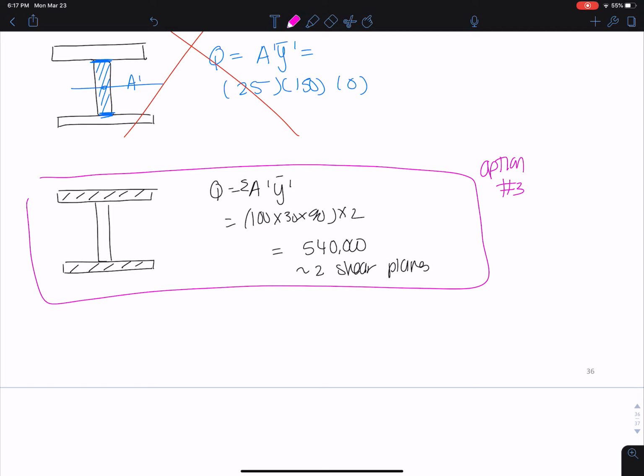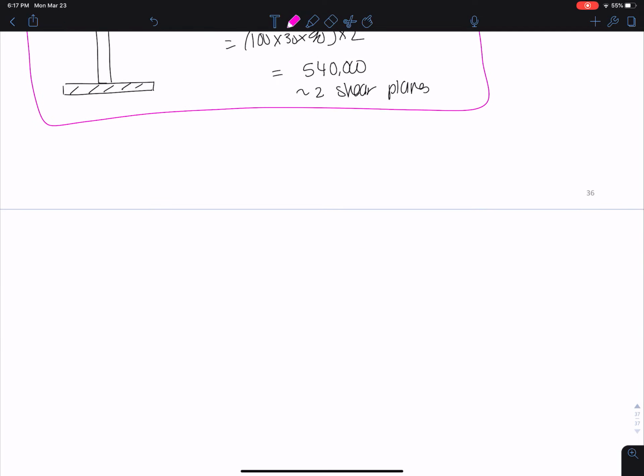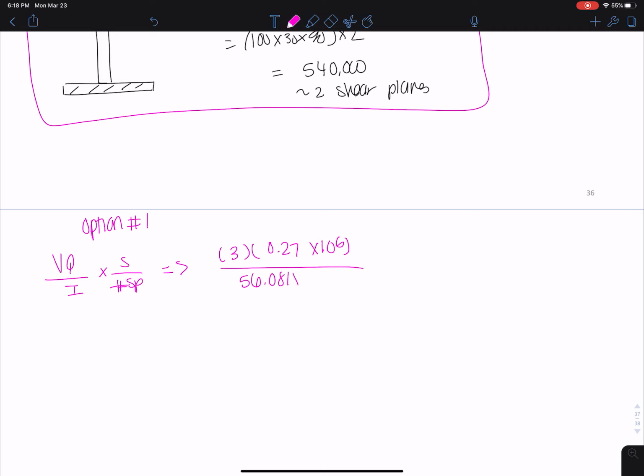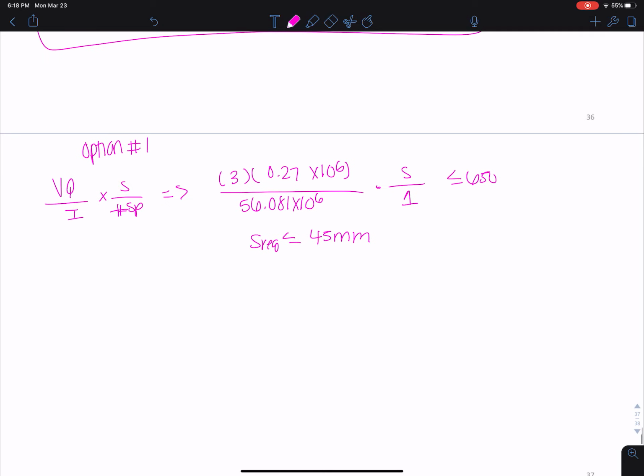Okay, so now let's try option 1. We have VQ over I times S divided by number of shear planes: 3 times 0.27 times 10 to the 6 divided by 56.081 times 10 to the 6 times S divided by 1, less than or equal to 650, and we get S required has to be less than or equal to 45 millimeters. This is option 1.